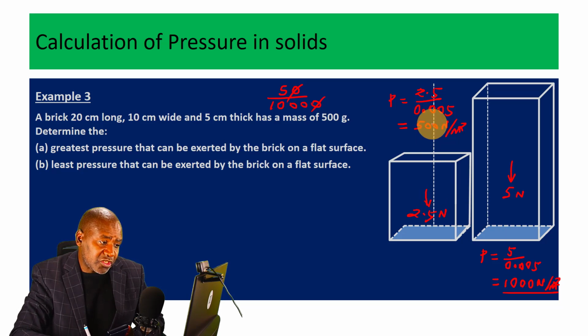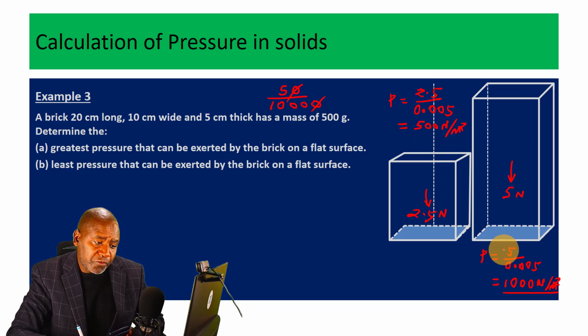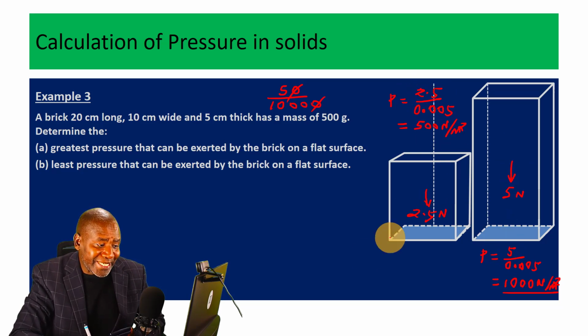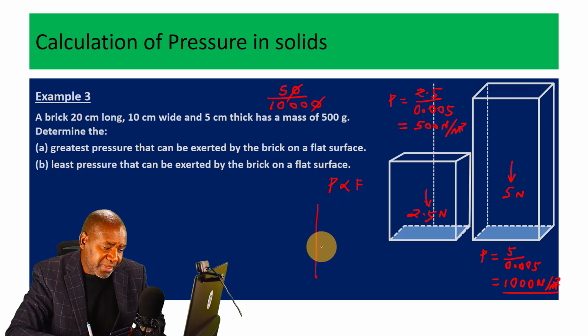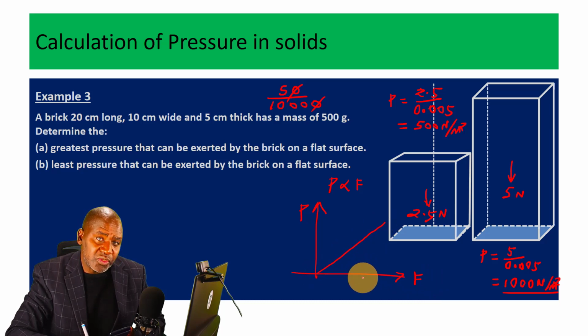Notice that the force has changed from 2.5 newtons to 5 newtons. So in that case, we say that pressure is directly proportional to the force. That means that when we double the force, the pressure doubles, and that is what we get.